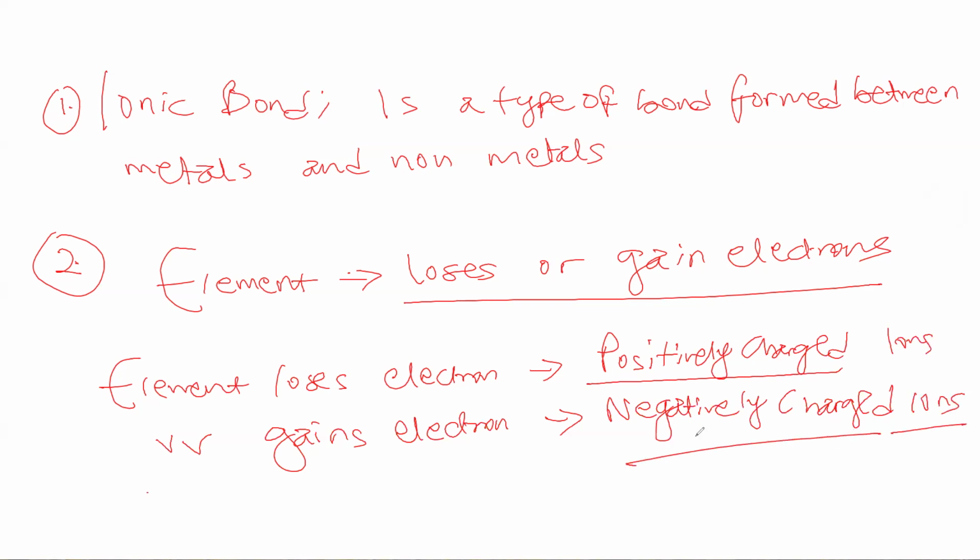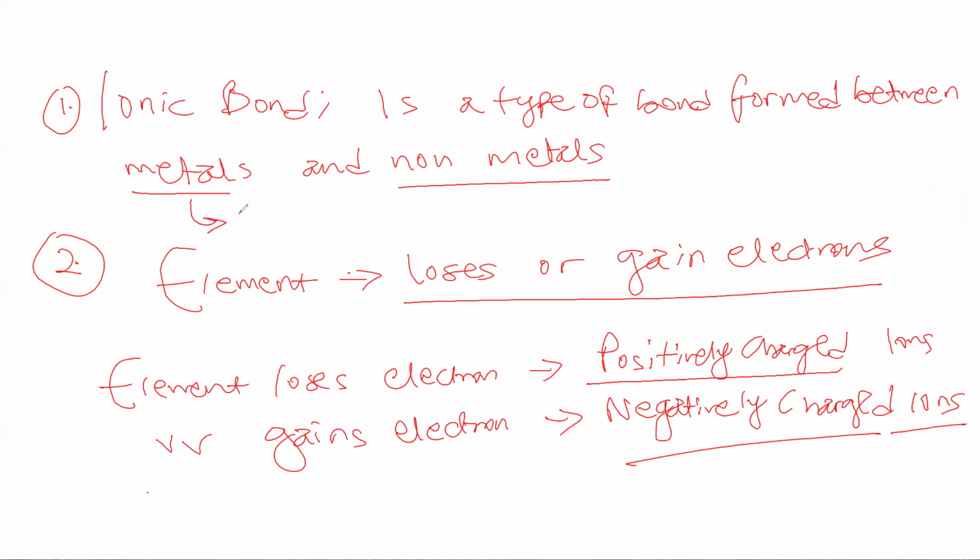Now, watch this. Remember, we started off by defining an ionic bond as a type of bond that is formed between metals and non-metals. Are you with me? Yes. Good. Now, here is the special characteristic about metals.